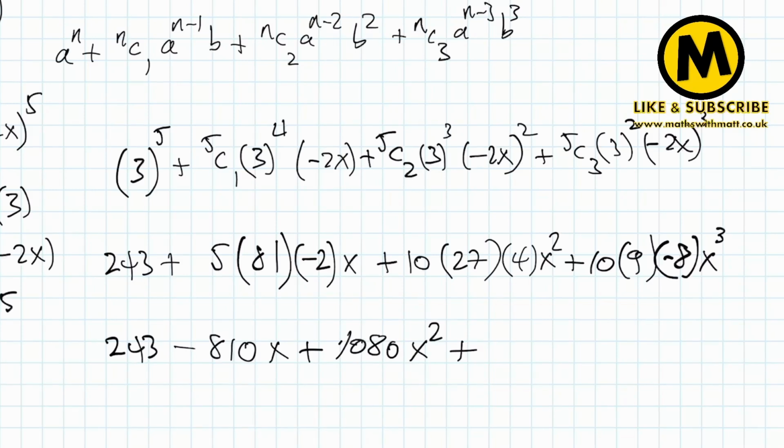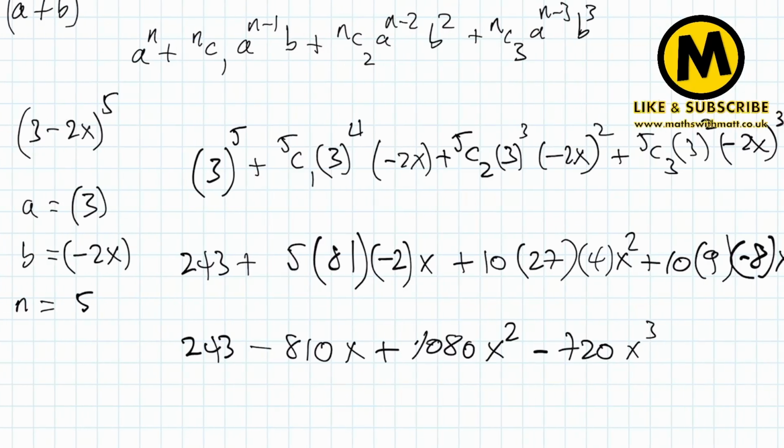There's a minus sign on the 8, so that becomes minus 720x cubed. And we have our expansion for (3 minus 2x) to the power of 5.